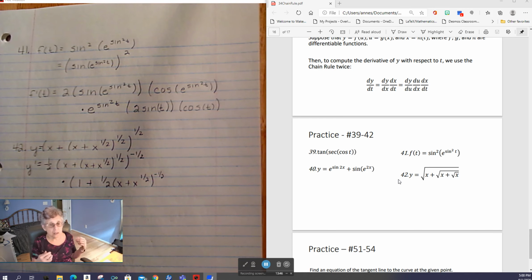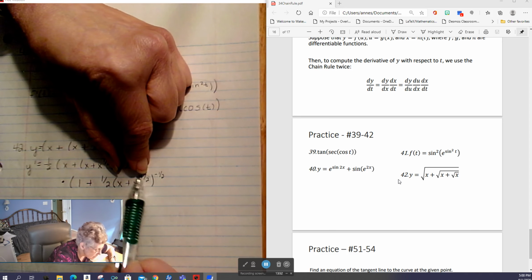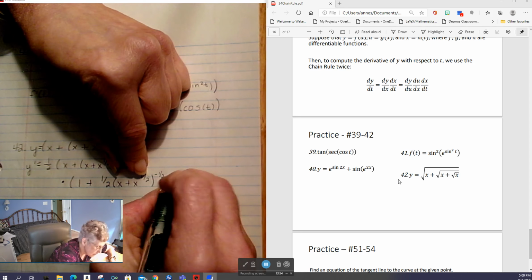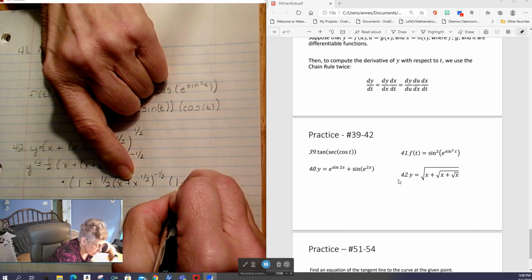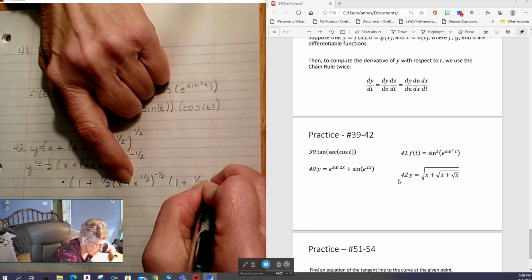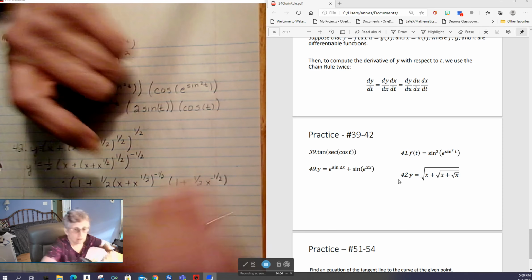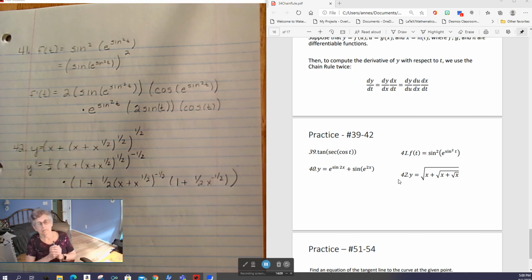But I'm not done, because this one has an inside function. I have to find the derivative of this inside function, which is 1 plus 1/2 of x to the minus 1/2. So we worked hard for that one too.